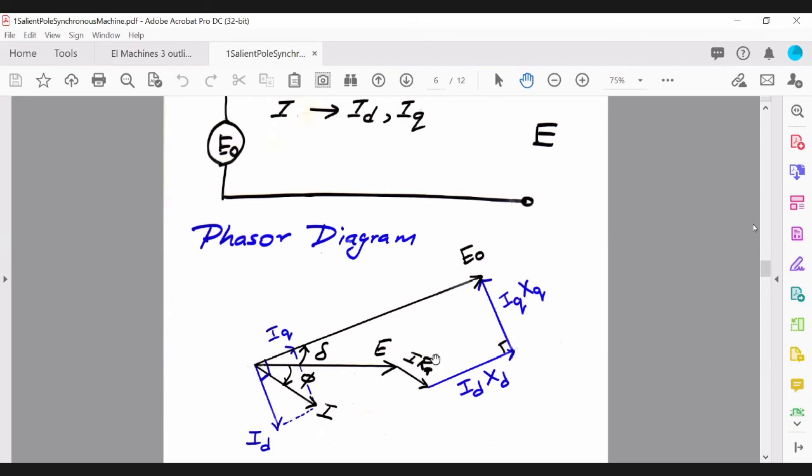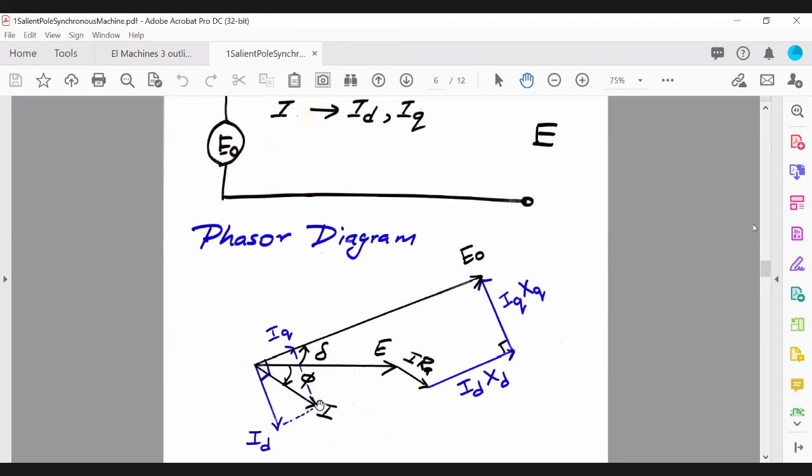So then basically now the phasor that used to be here between this phasor and this phasor is now split into two components. Instead of having one here, we split it into two. You'll have I_D X_D and I_Q X_Q, and that will give you your induced voltage, right?